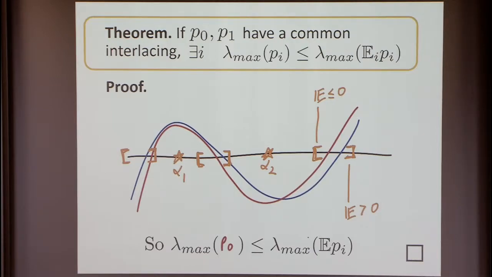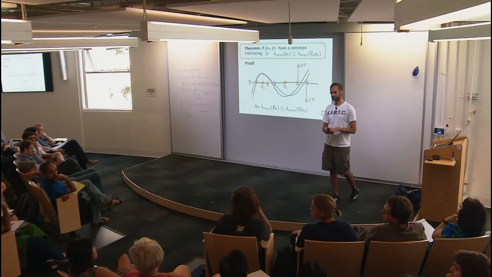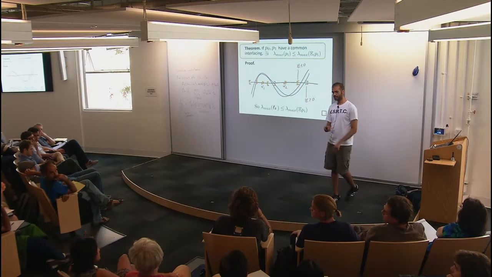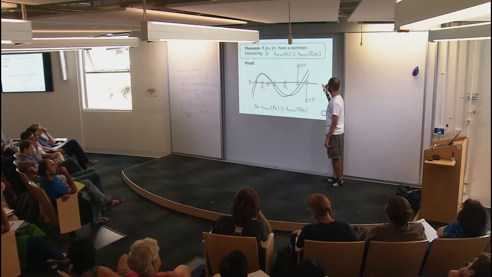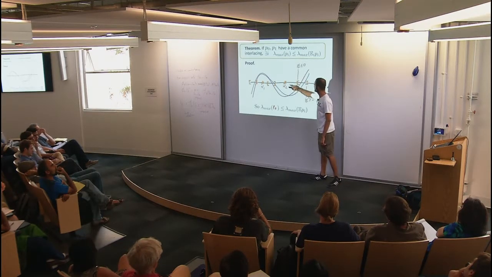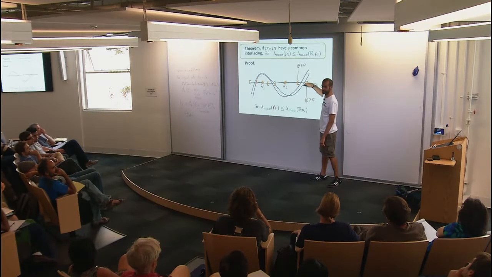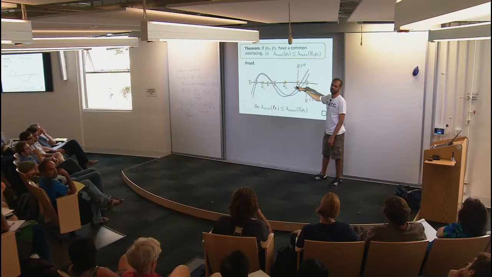This condition that you have a common interlacing seems kind of strong, and I was wondering if you can weaken it to get the same conclusion. Yeah, you can. If you only care about the largest root, you actually just need one interval where these polynomials change sign exactly once. You don't need all of them.